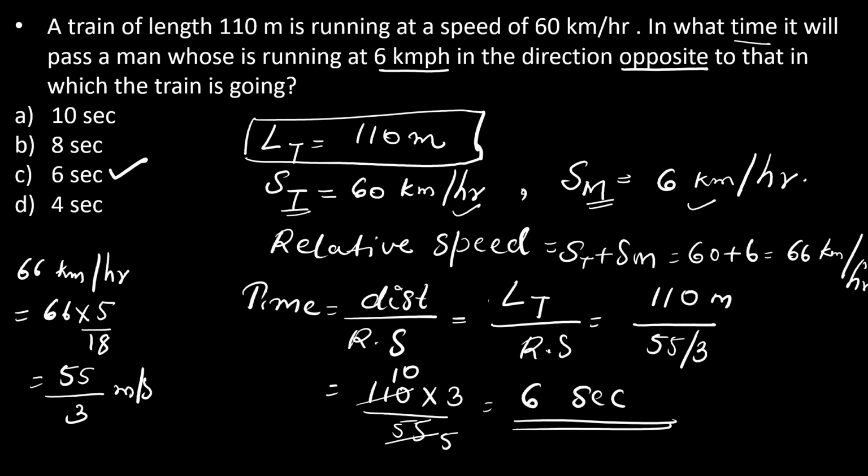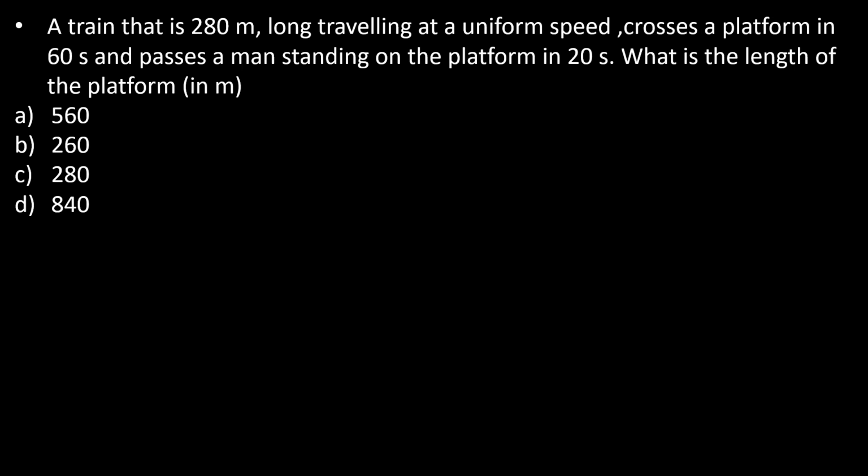Option C. Next question. A train that is 280 meters long, traveling at a uniform speed, crosses a platform in 60 seconds and passes a man standing on the platform in 20 seconds. What is the length of the platform in meters? It is given that the length of the train is 280 meters.